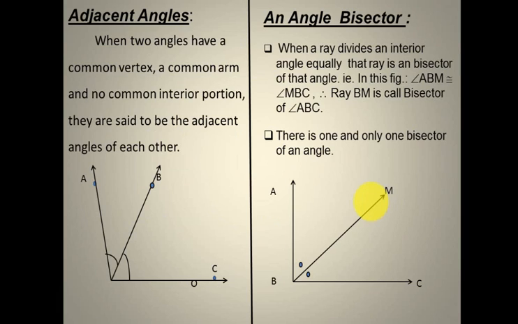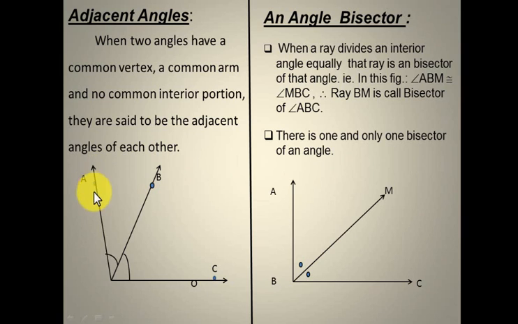What is an adjacent angle? Two angles are drawn having a common vertex. This is called the common vertex. By mistake 0 has been typed here. It should be O, so while watching it, imagine it is O. So it is having a common vertex O, angles AOB and BOC.